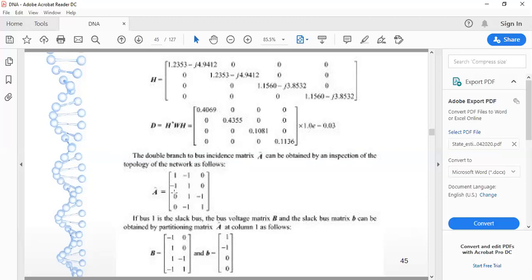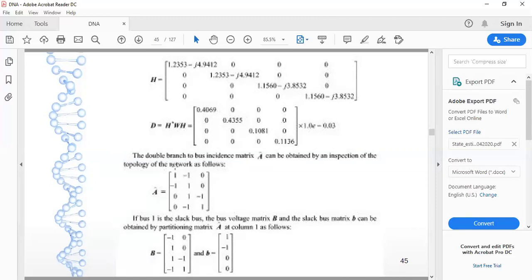Now this is my incidence matrix. How to determine the incidence matrix? The incidence matrix is number of lines into number of buses. We have 4 lines: from 1 to 2, 2 to 1, this is 2 to 3 and 3 to 2. So over here, bus number 1, bus number 2 and bus number 3.